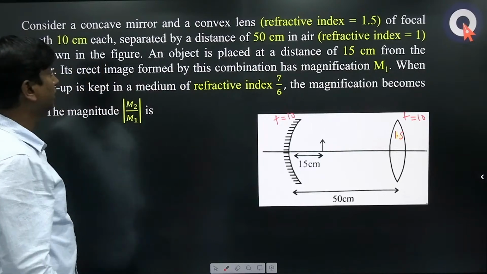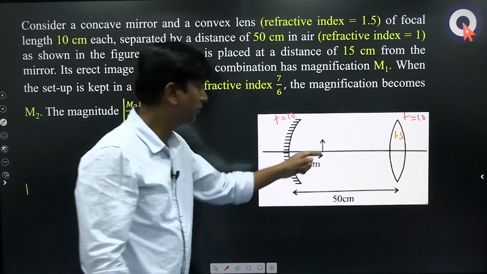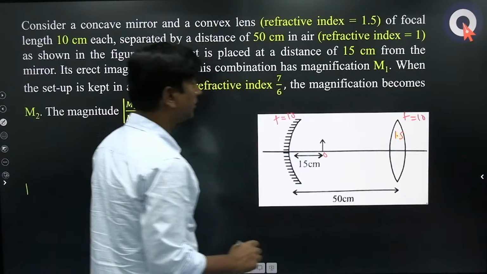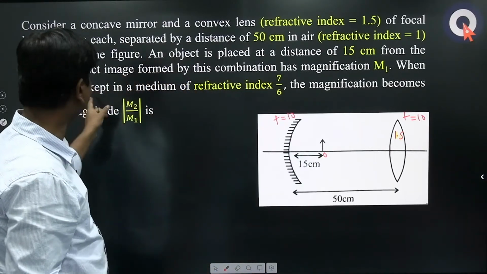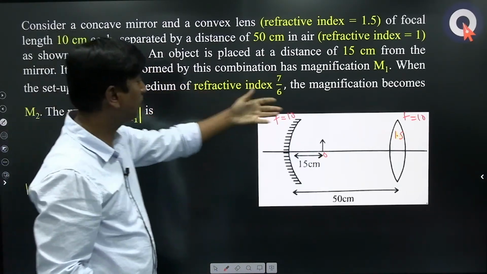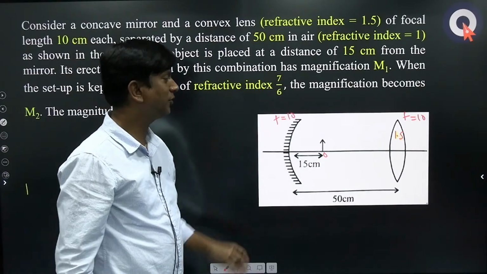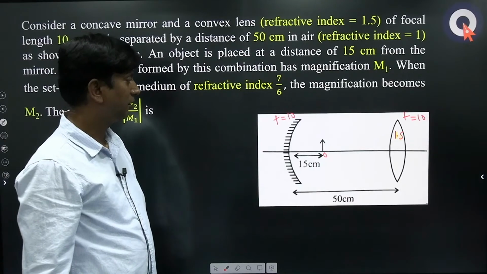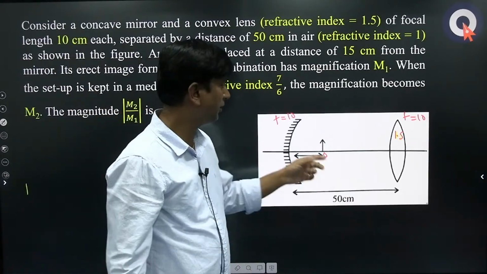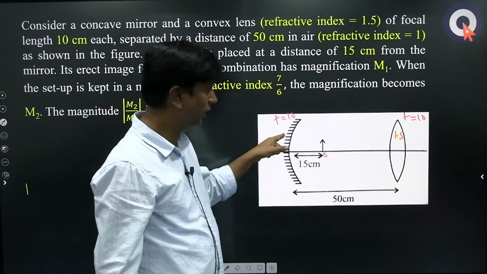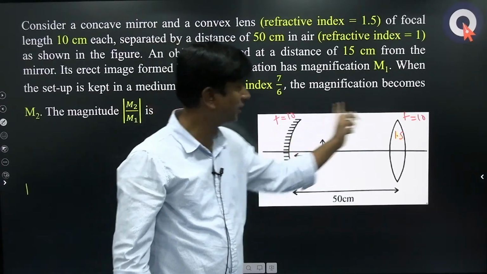Right. Now, the object is placed at a distance of 15 centimeters. Here is the object you are placing at a distance of 15 centimeters from the mirror. The erect image formed by this combination has a magnification of m1. Okay, combination means first, let us say, the ray will go like this, first mirror and then lens.